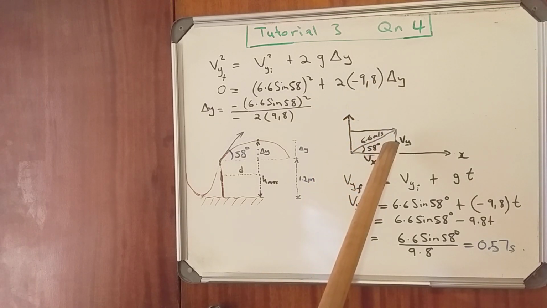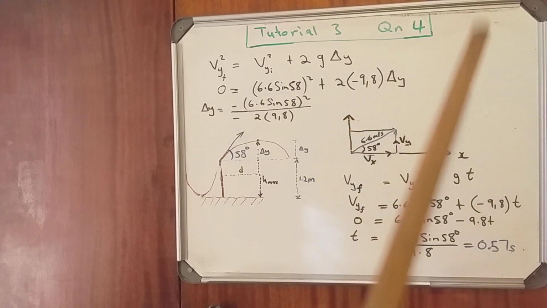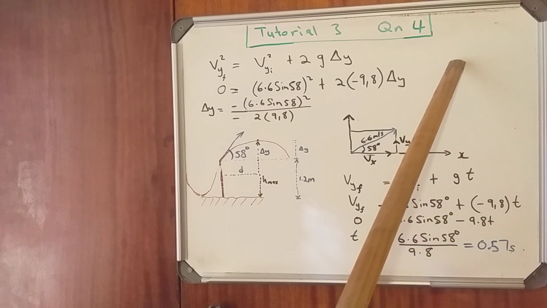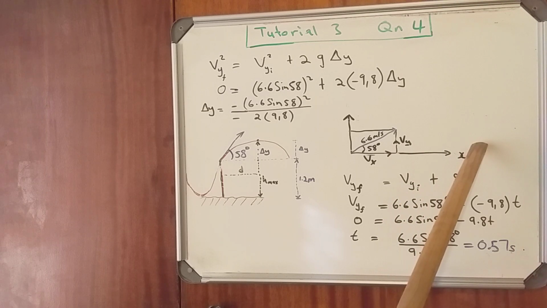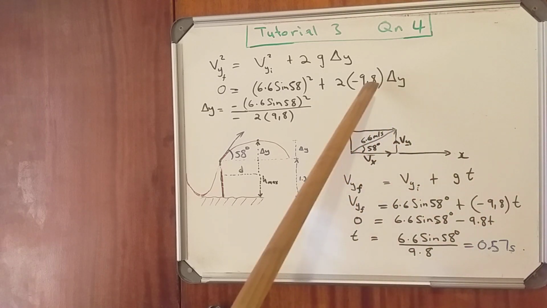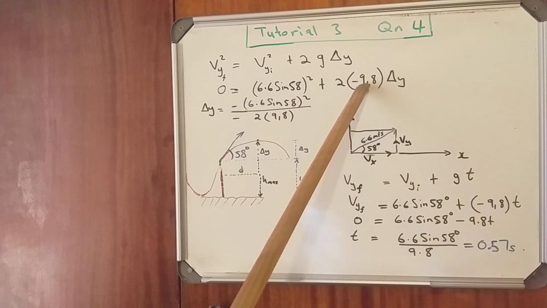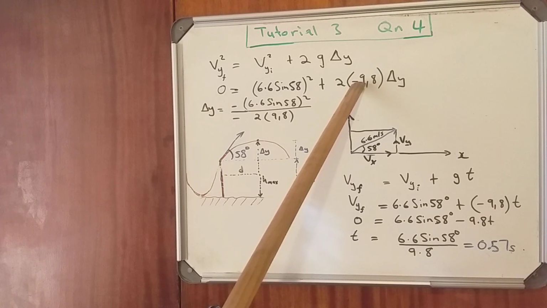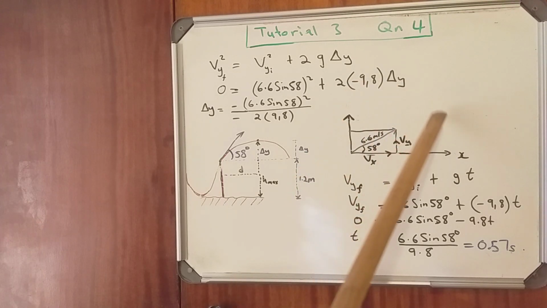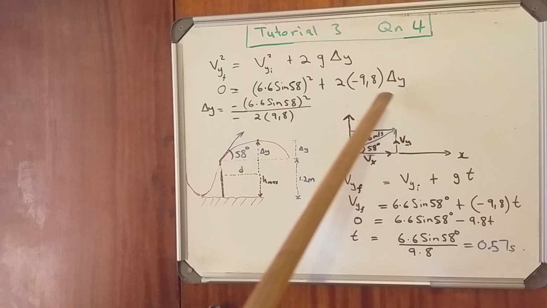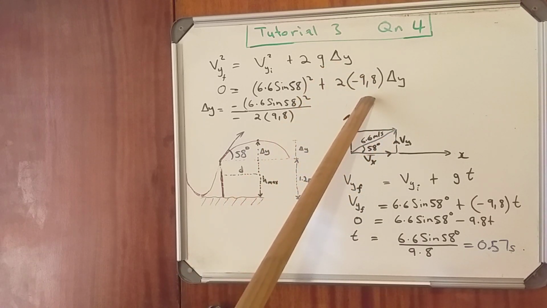The g is negative because we are taking up as positive. But if we take down as positive, our acceleration here is going to be positive.